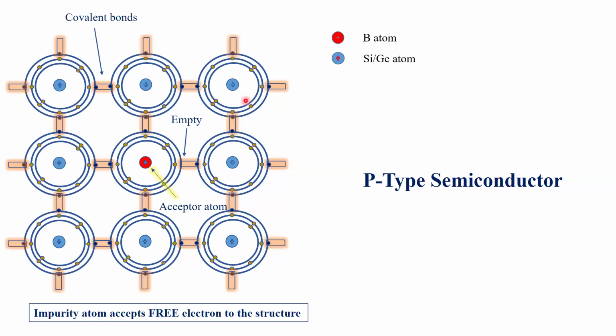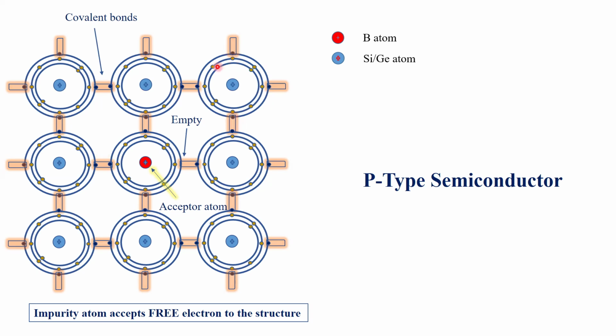So what you see from the schematic diagram, let us say this is your standalone single crystal silicon or germanium lattice, the whole picture except the middle atom. In this lattice, you have a silicon or germanium atom, and in its outermost shell you have four valence electrons, as shown by the dotted blue: 1, 2, 3, and 4.